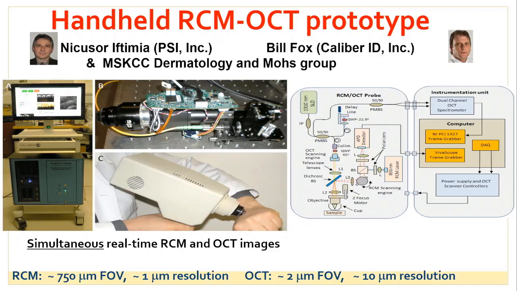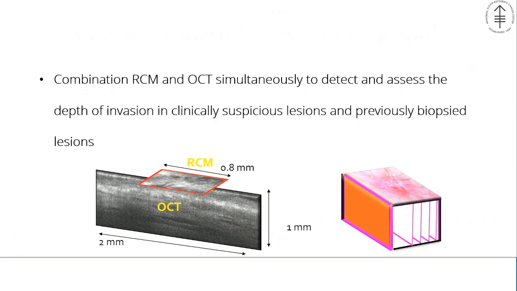So to overcome that, our team is also developing these handheld RCM OCT prototypes, which combine 2 technologies in one channel, which is really cool. So we're getting both an en face RCM view and a bread-loafed OCT view at the same time, which, again, just layering these technologies together gives us better overall 360 views of the skin.